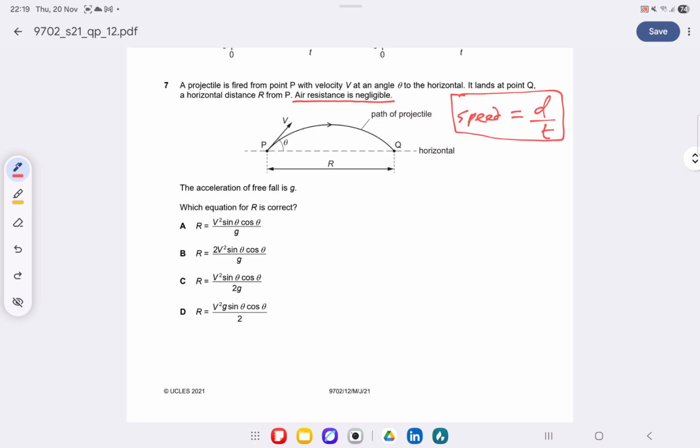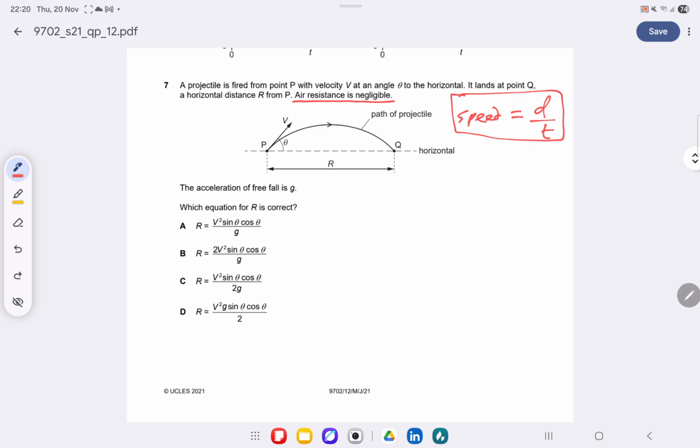So the strategy is we find the time in the horizontal direction for the projectile that was fired to move from P to Q, then we do the same thing in the vertical direction. Then we equate them to find our R.